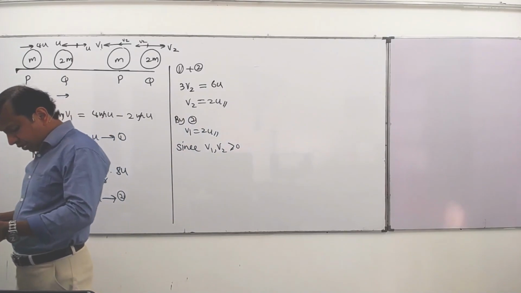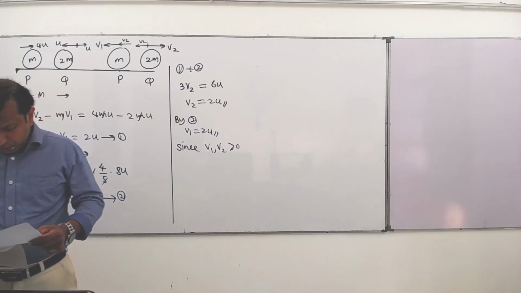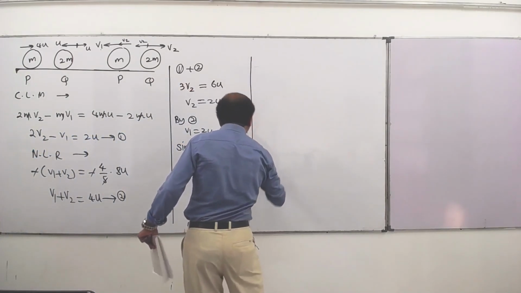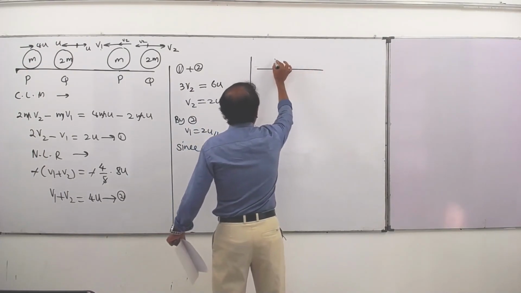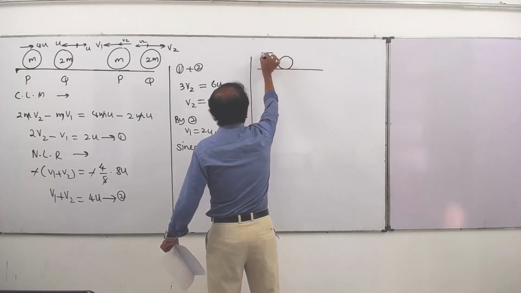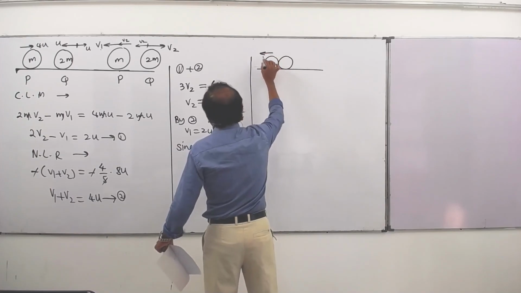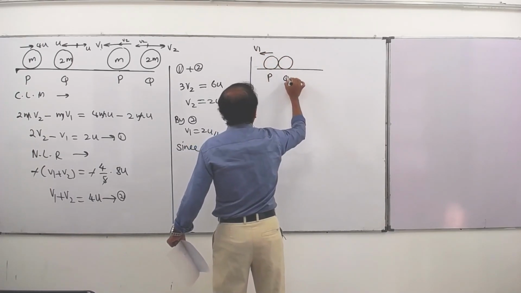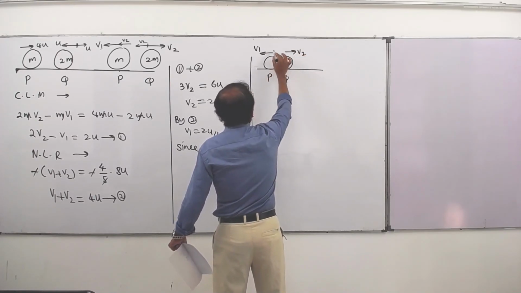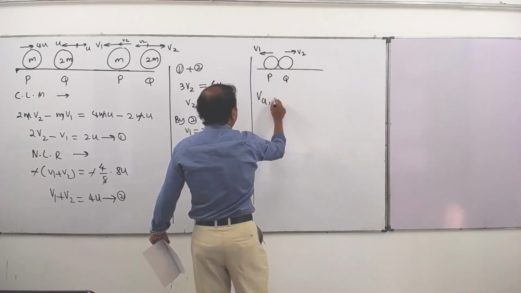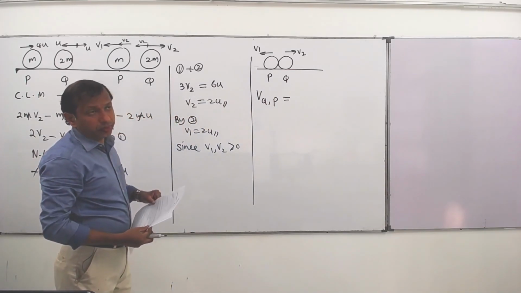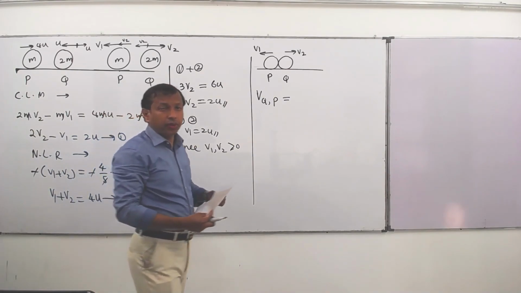Now find the time taken after the collision for P and Q to be a distance a apart. Soon after the collision, this is how they begin to move: P moves leftward with V1, Q rightward with V2. I consider the velocity of Q relative to P. Relative to P means we have to stop P. How?